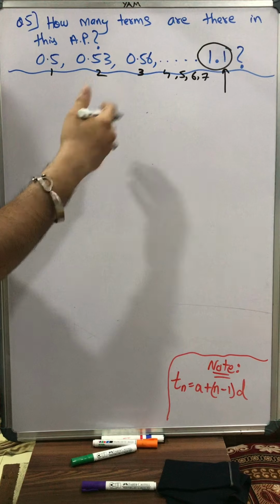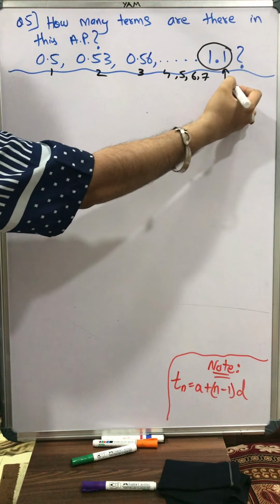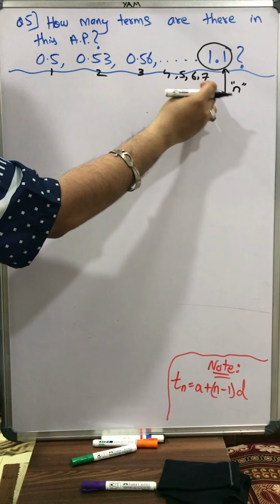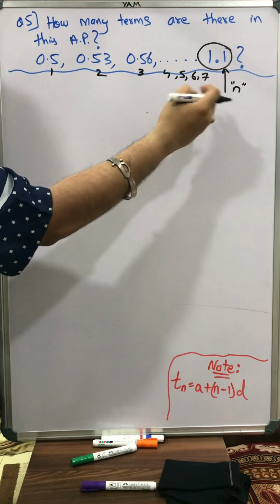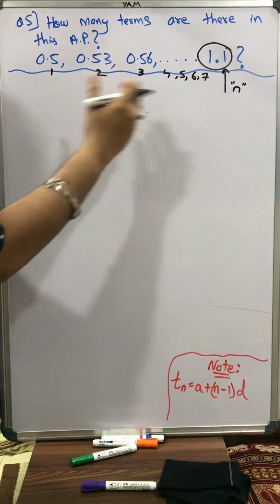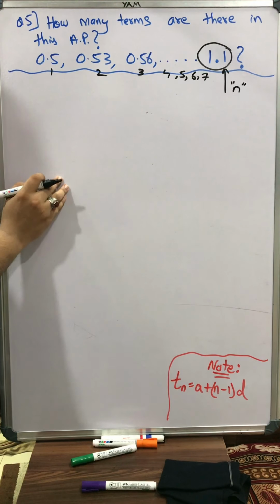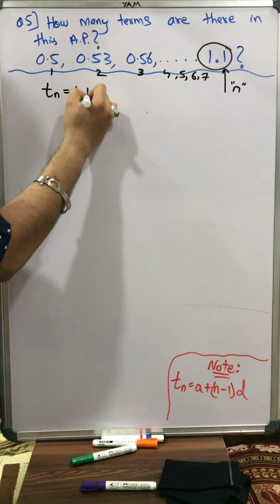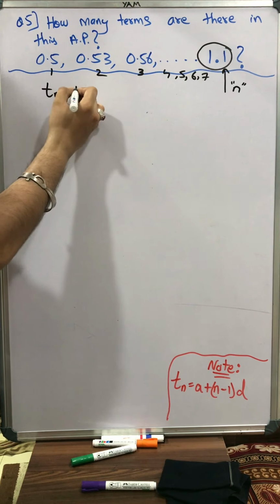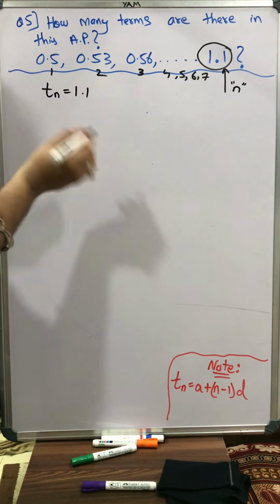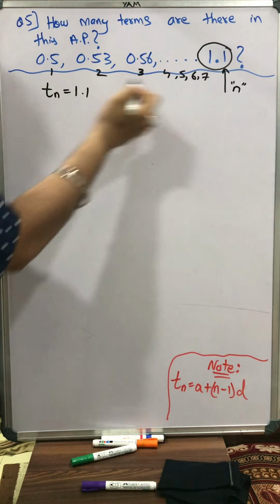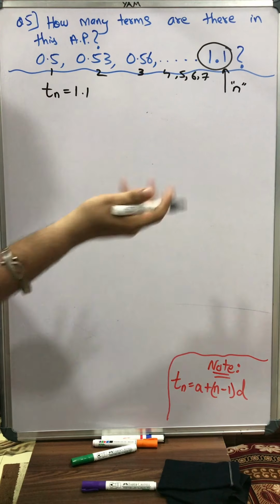So now I am supposing, let the count at which this 1.1 comes be the nth position. At the nth position 1.1 comes. So can I say Tn is equal to 1.1. Students, if I somehow get to know the value of this n, the position at which 1.1 is coming, then our life is sorted.